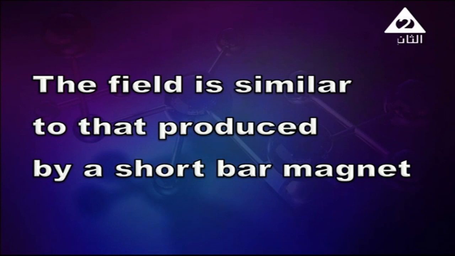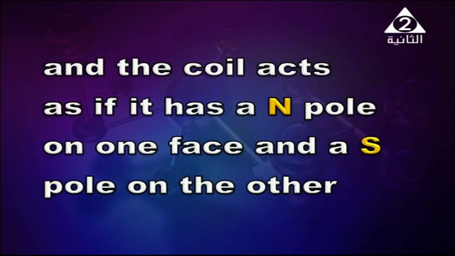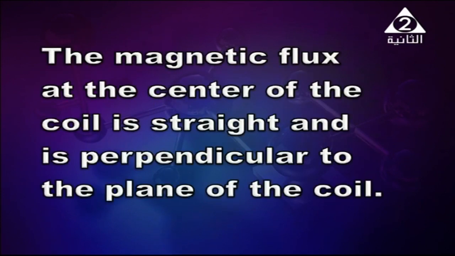So a current carrying circular coil produces a field just like the field produced by a short bar magnet, and the coil acts as if it has a north pole on one face and a south pole on the other. The magnetic flux at the center of the coil is straight and perpendicular to the plane of the coil.